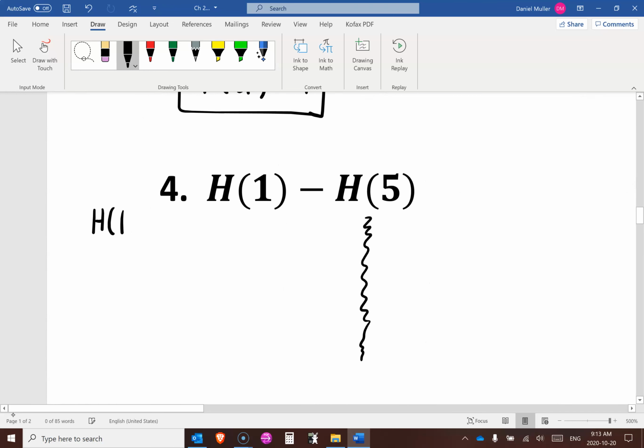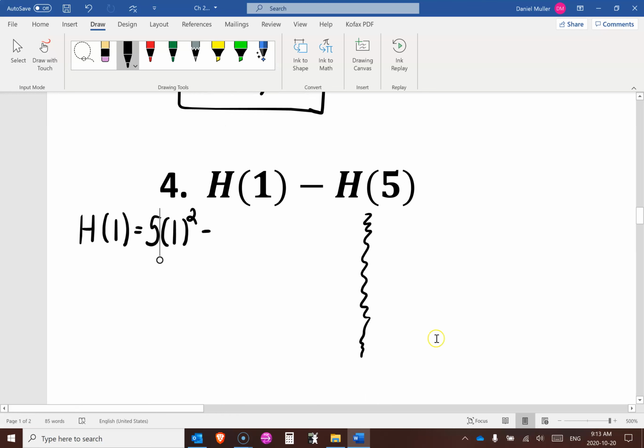So that's going to be a 5x squared, or 5 times the input. I'm just going to write a little bit lower here. Five times the input, which is 1, squared, minus 2 times the input, which is 1, minus 7.